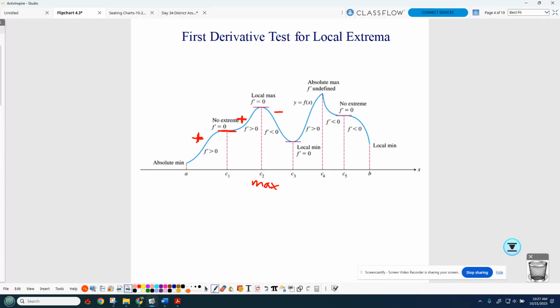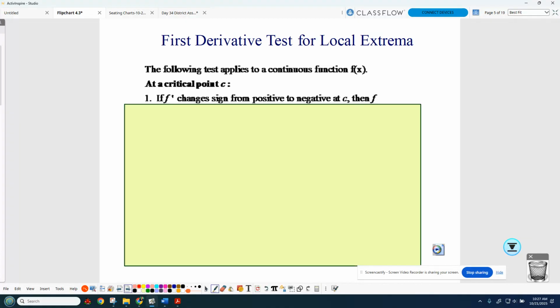Here, first derivative went from negative to positive, so it's a min. Positive to negative, so it's a max. Negative to negative, not a max or a min. So we're going to put in words the justification you're going to have to put on your next quiz on this.